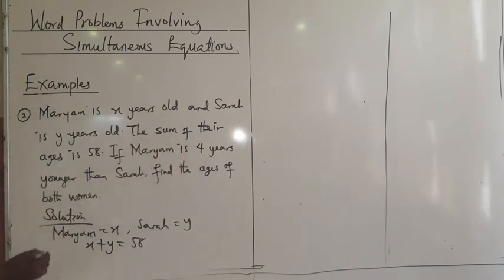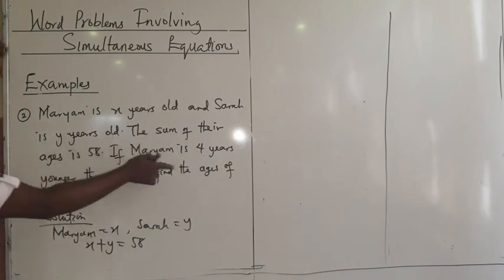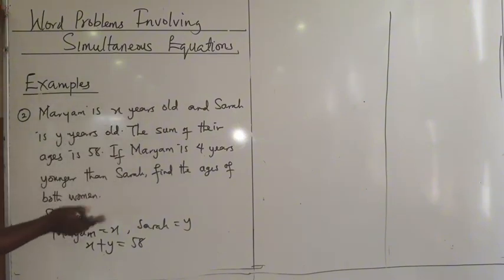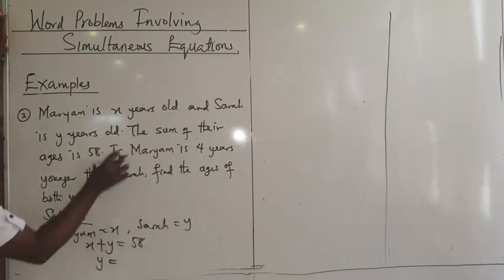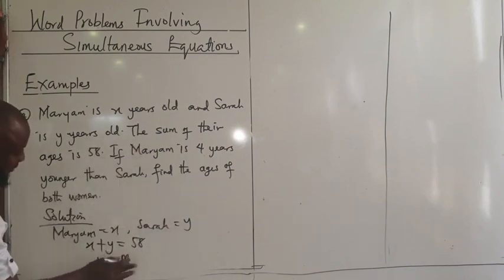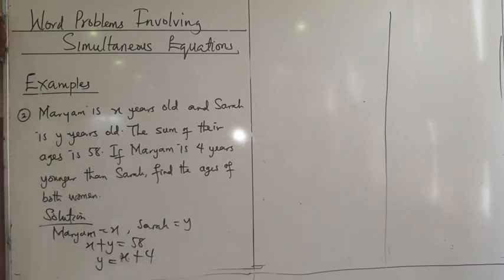That means Sarah is 4 years older than Mariam. So Y, which is the age of Sarah, is Mariam's age, which is X plus 4.